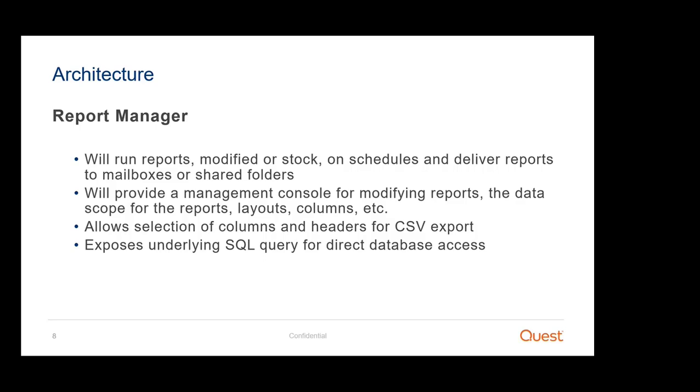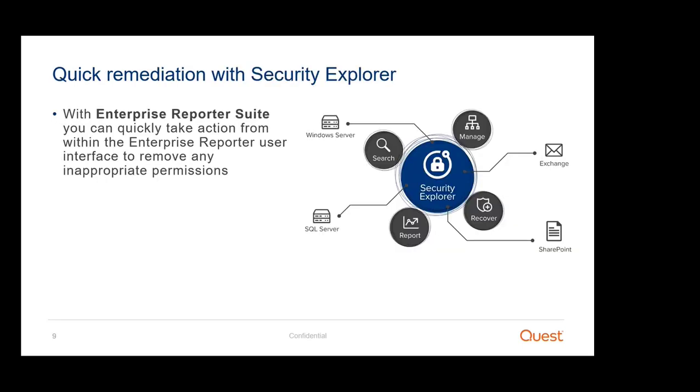For those of you that like SQL, this is a great way to look at what's actually going on under the covers. Now, we also have, with the Enterprise Reporter Suite, we include a solution called Security Explorer. This is the actionable arm of Enterprise Reporter. And with the Security Reporter and Enterprise Reporter integration that you do get with the suite, you can quickly take action from within the Enterprise Reporter user interface, and that's the reporting interface, to remove or adjust any inappropriate permissions.